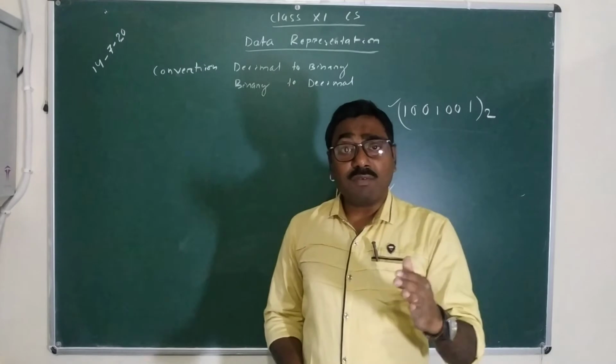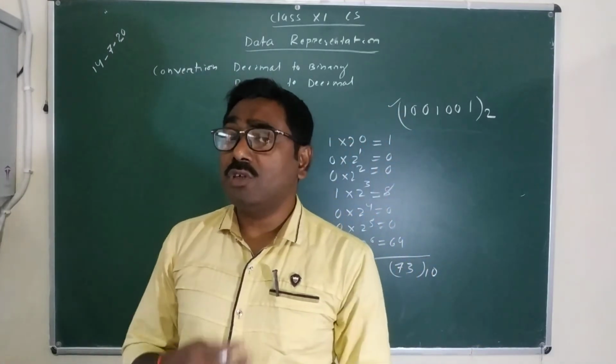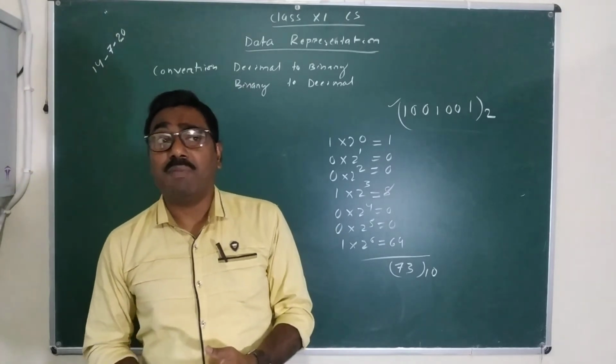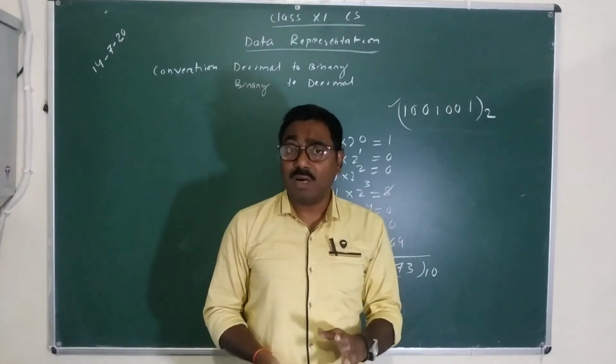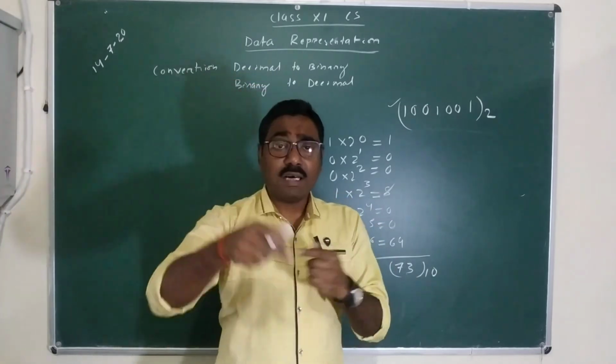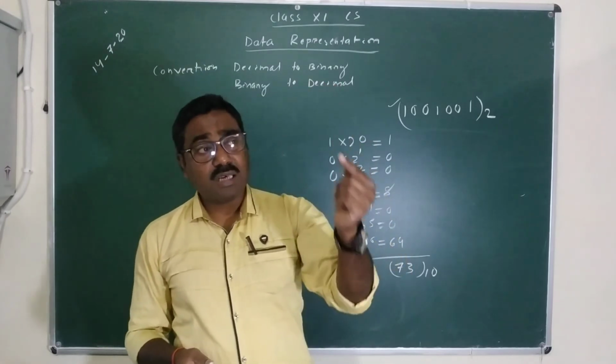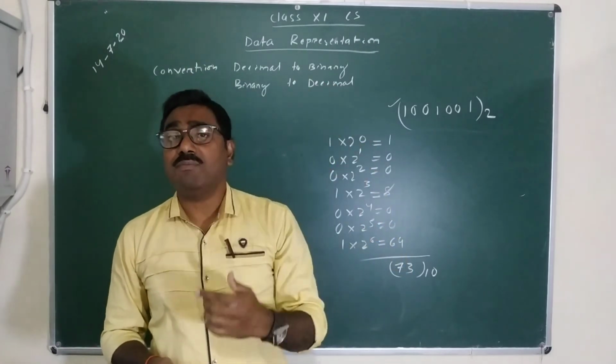In case of converting a decimal number to a binary number, you have to divide that decimal number by 2 until you get a 1 and write down the remainders in the reverse manner. In case of converting binary to decimal, what happens?